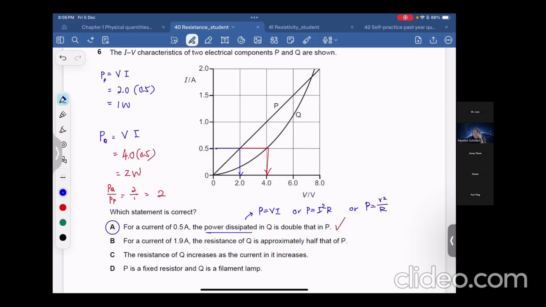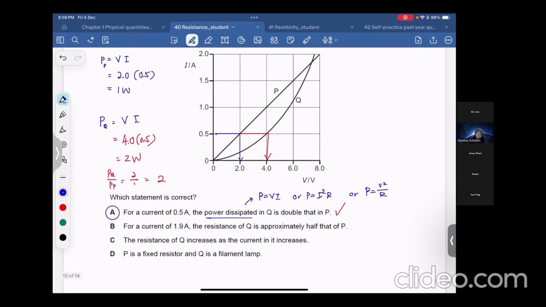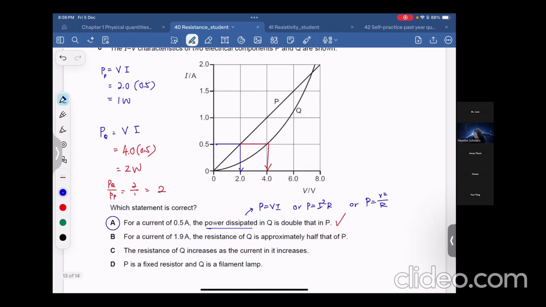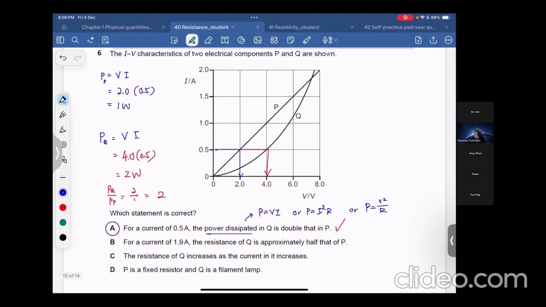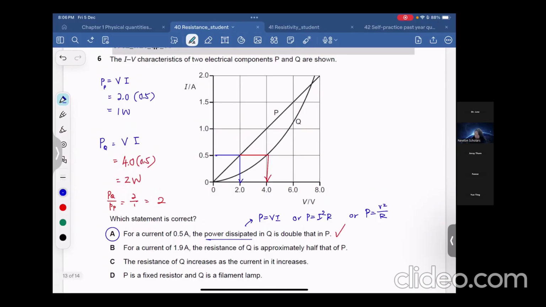I know it's A. Can you explain why C is wrong? Okay, no problem. Resistance of Q increases as the current increases. Okay, Q here, dear. Does resistance increase? Prasan, this line, can you see that this line is actually a steeper line? Here, this part, steeper.